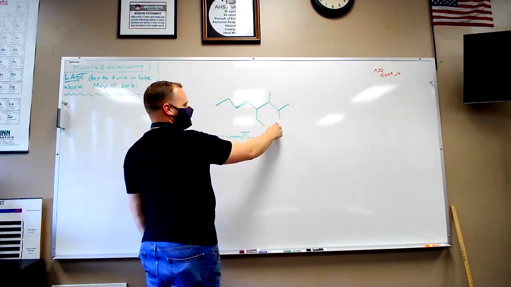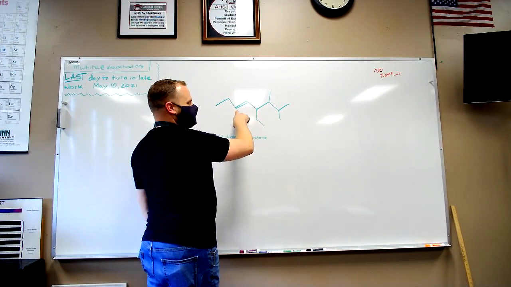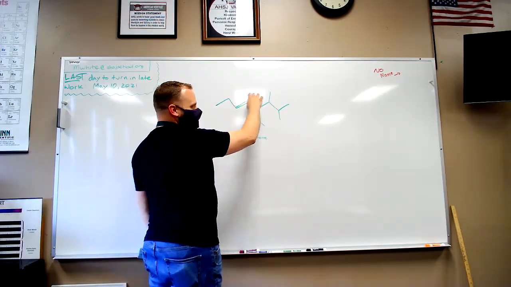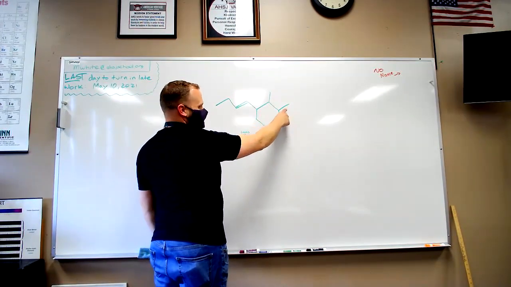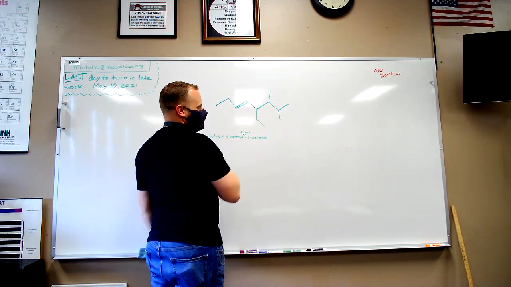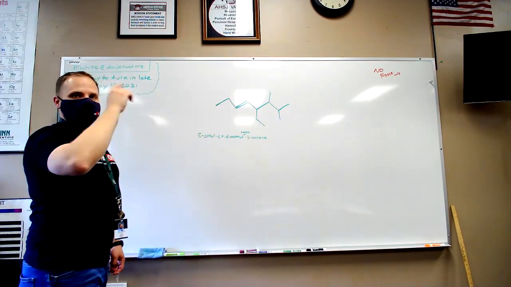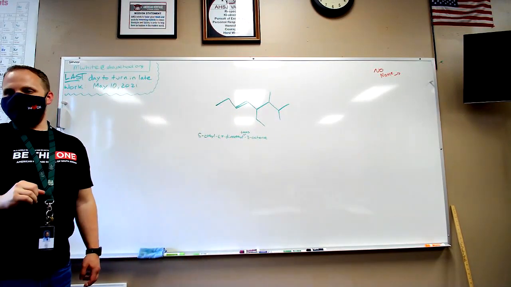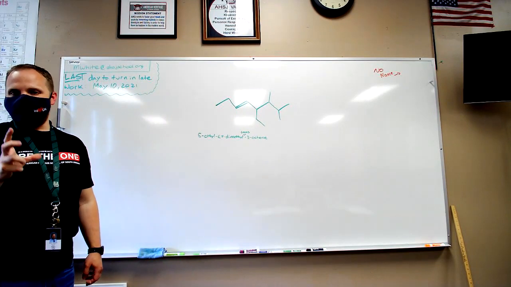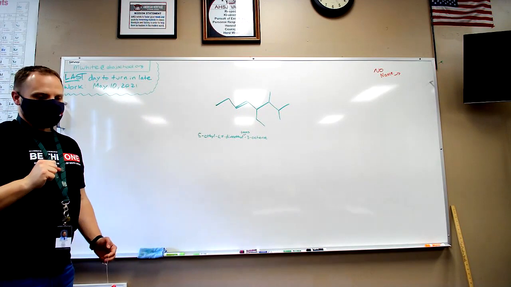Like this molecule, yeah, 2 is lower than 3. So if we didn't have that double bond right there, we would start numbering from here, and we would have 2 and 3 for our dimethyl and 4 for our ethyl. But that double bond changes things. The double bond is more important than any of the other things when it comes to numbering.